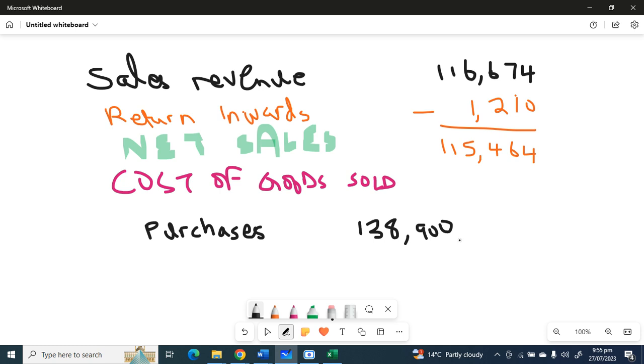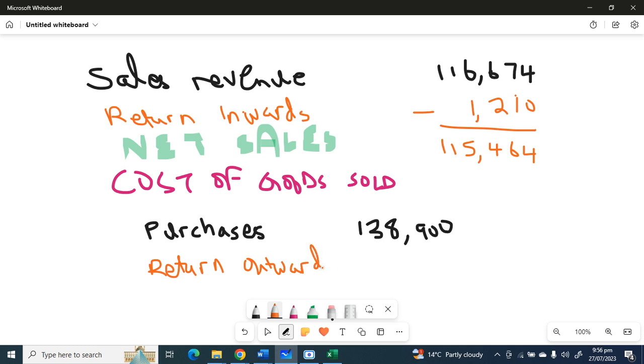All right. Then yes, we deduct return outwards. Remember, return outwards is a contra expense. It reduces the purchases expense.